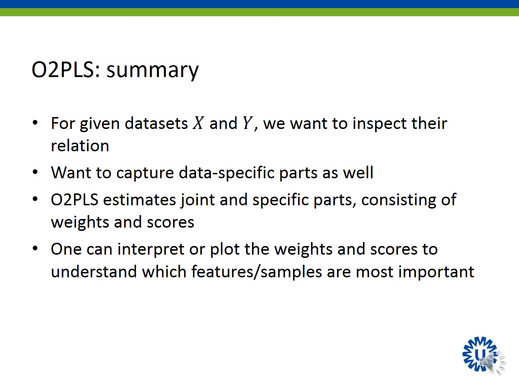Or you look at the scores to see outlying samples. For example, one sample was wrongly measured or something else. Or you can see whether there are groups of samples. In this case, you might have, for example, batch effects or some kind of population mixing in your data.